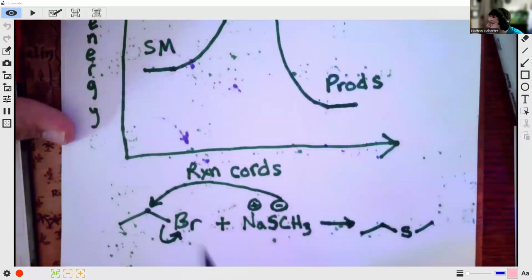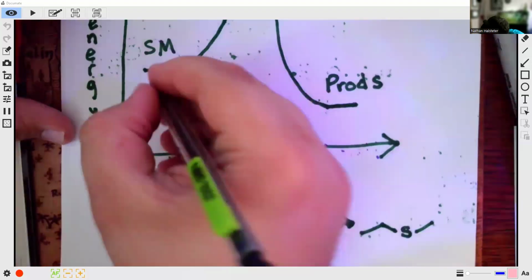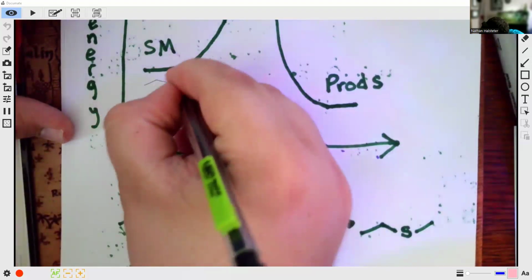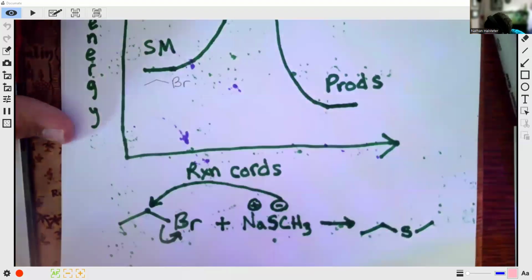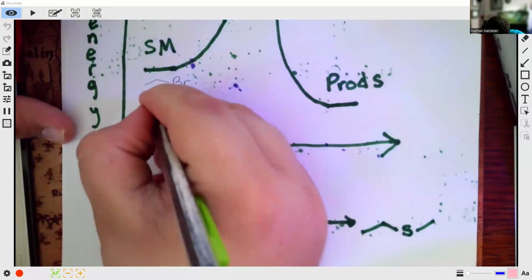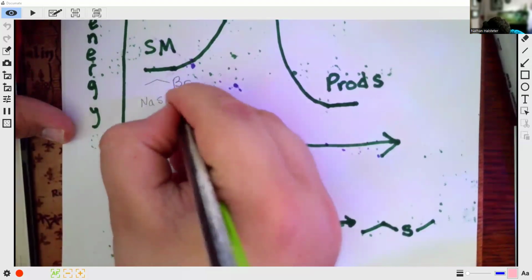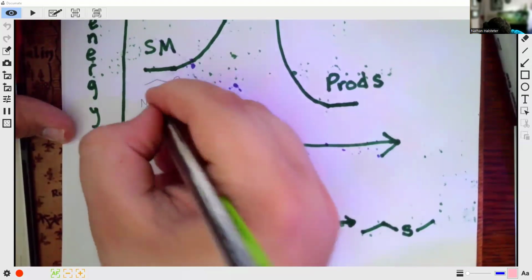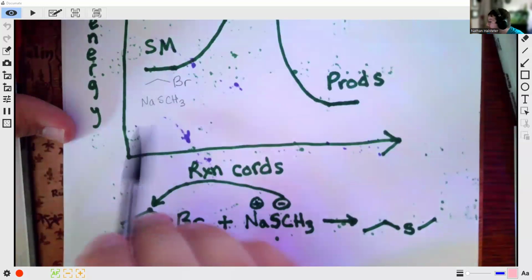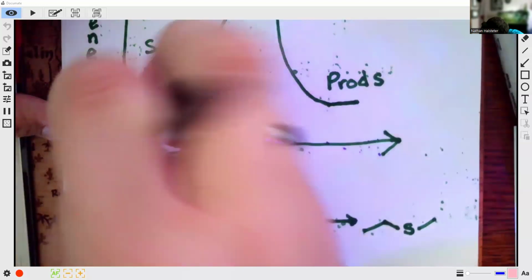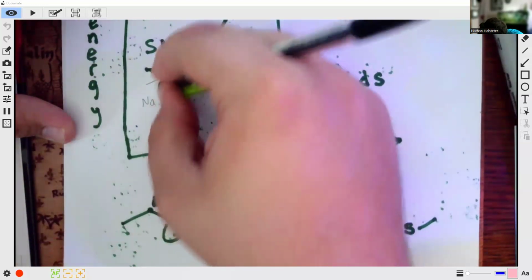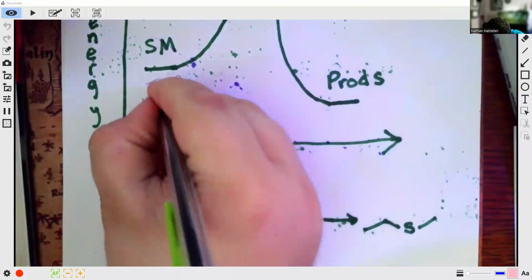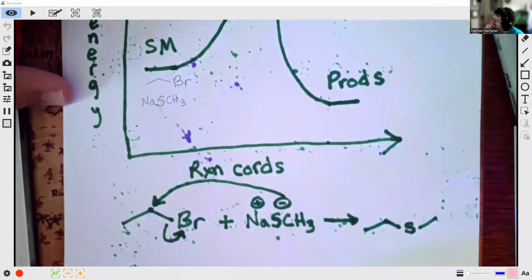So our starting material, well, that's just these two things. We have our alkyl bromide, and we have our sodium sulfur methyl. I'm not going to ask you to be able to name that. That sulfur a little bit bigger though. So that's our starting material for this reaction.